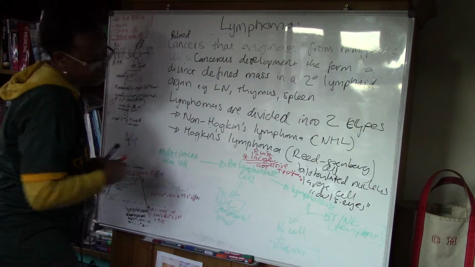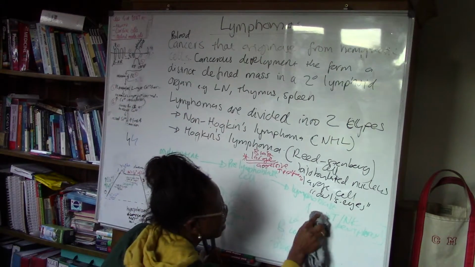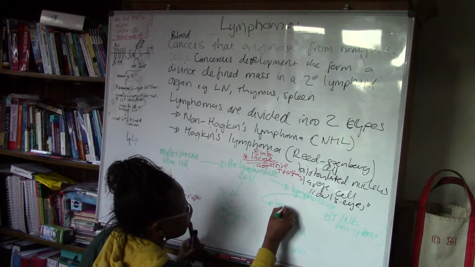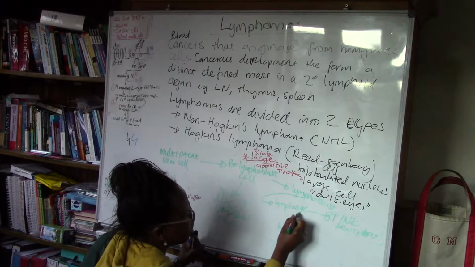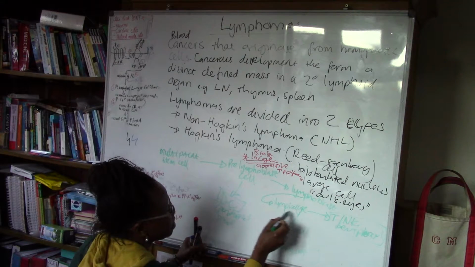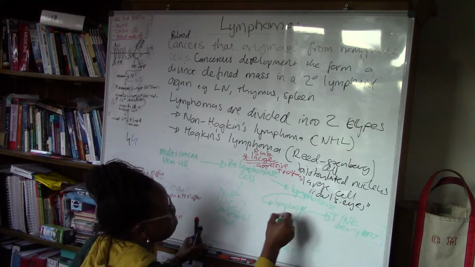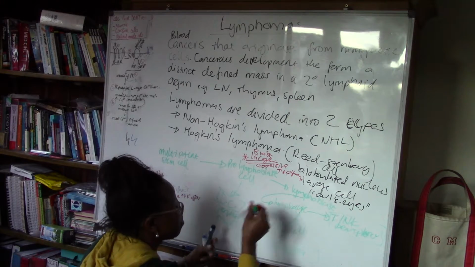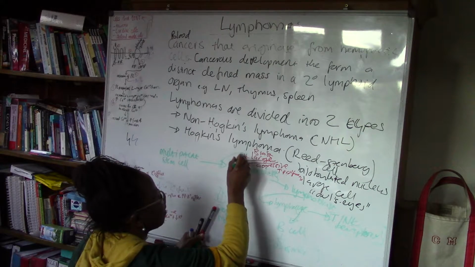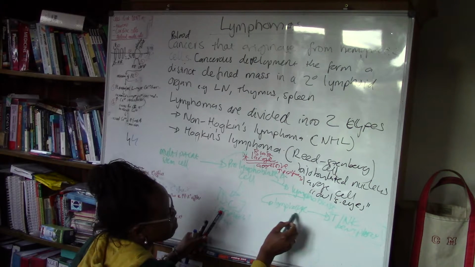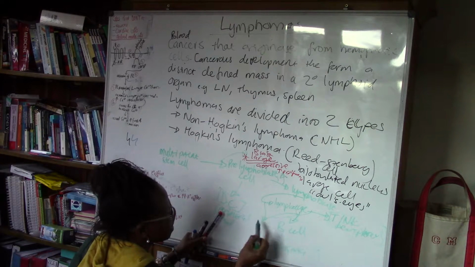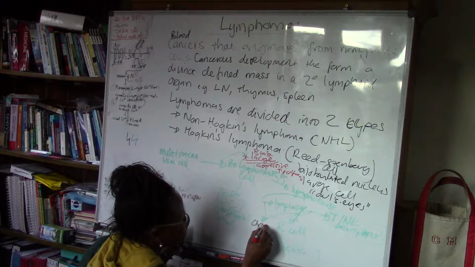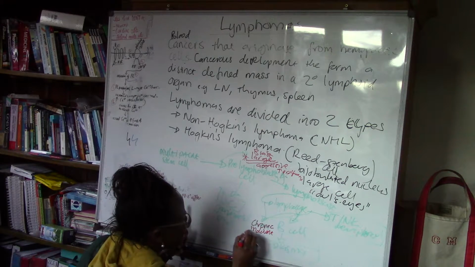However, if a cancer develops when a cell is much closer to being a peripheral cell, nearer to the end, then it's more of a chronic cancer, which is indolent and less aggressive.